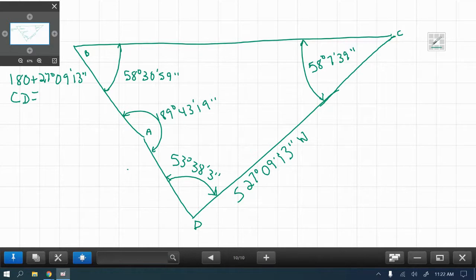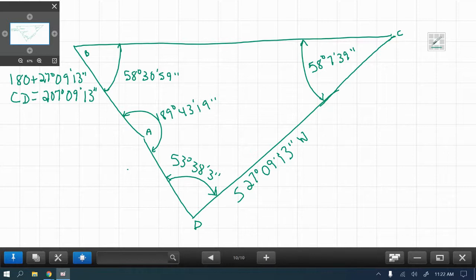And that would be 207 degrees, 09 minutes, 13 seconds. Okay. So that's the azimuth from C to D.